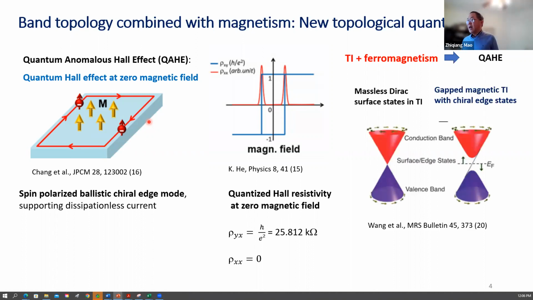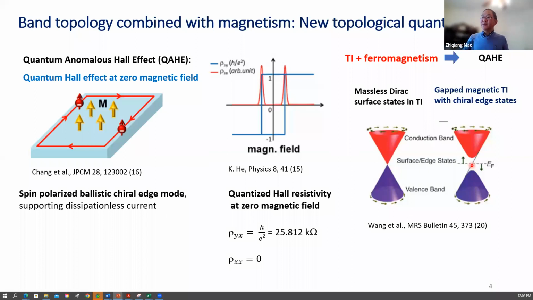What happens is the following: a topological insulator has a gapless Dirac surface state, a Dirac cone. But in the presence of ferromagnetism, it breaks time reversal symmetry, so it opens the gap and the chiral edge state will be present, as shown in this schematic.